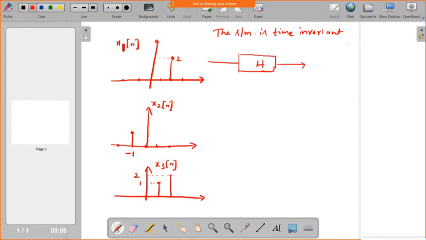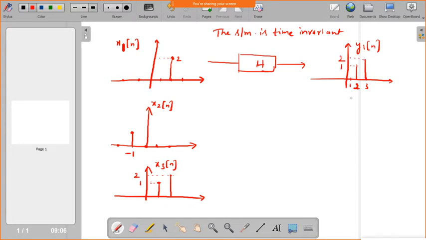Now the outputs are also given. y1 of n is a discrete-time signal with value 1 at 2 and value 2 at 3.